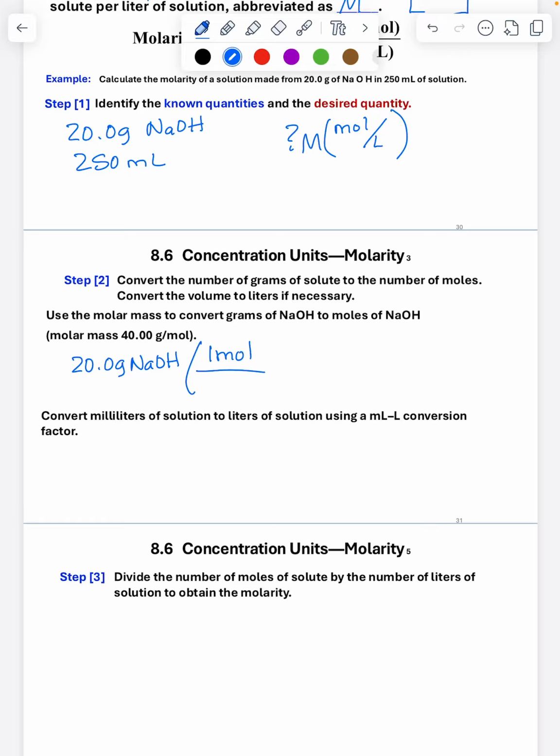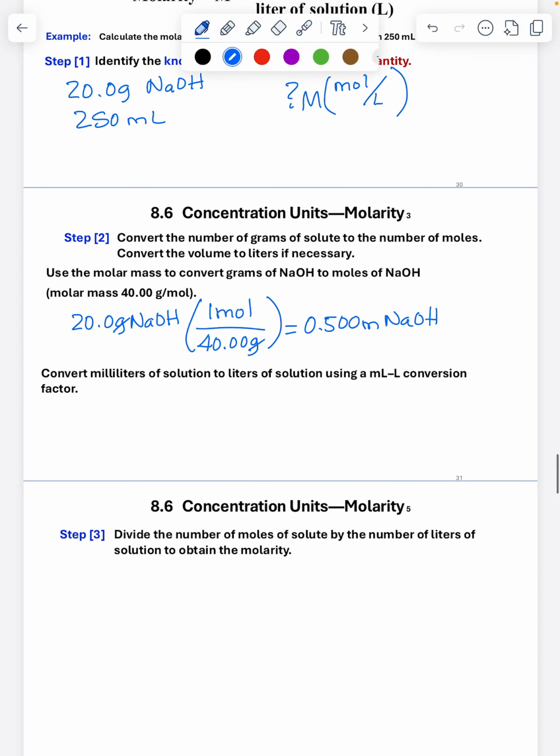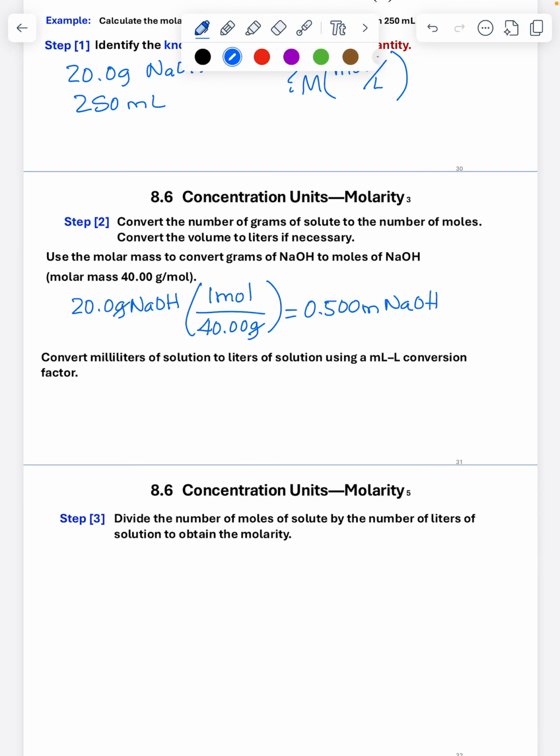All right, so we have the mole, and now we just need the liter. So we've got to convert our milliliters to liters. You can take 250 milliliters. We know that 1 liter is equal to 1,000 milliliters. And so we do some quick math, divide by 1,000, and that's 0.25 liters.